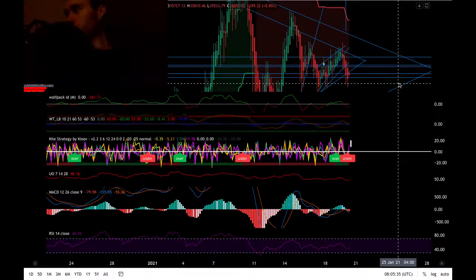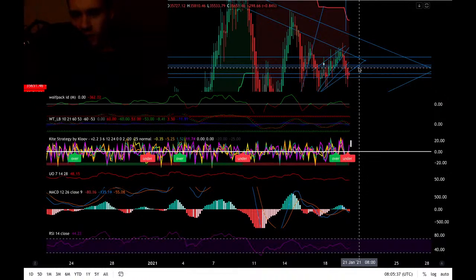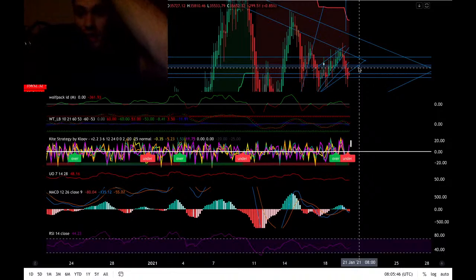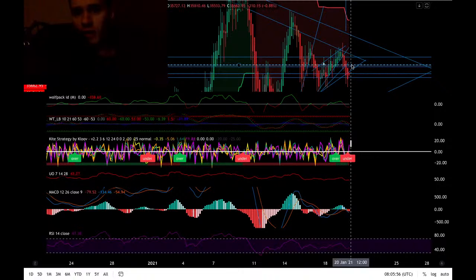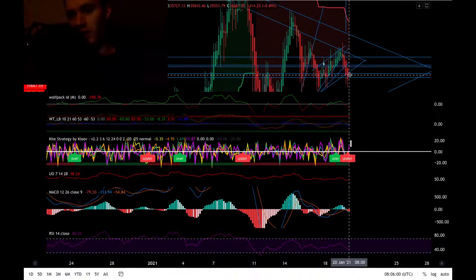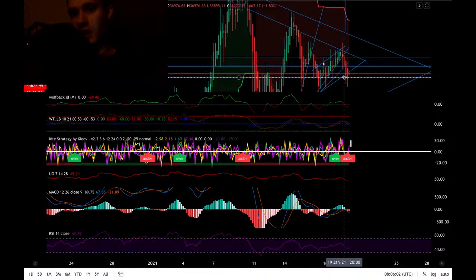I think it was around 15,000 that Bitcoin was at, and we were seeing all these consolidation patterns and breakouts. I think it was around 13,000. Yeah, around 13,000. We would see consolidation patterns like this all day long, and then they just wouldn't play out because the volume just wasn't there.